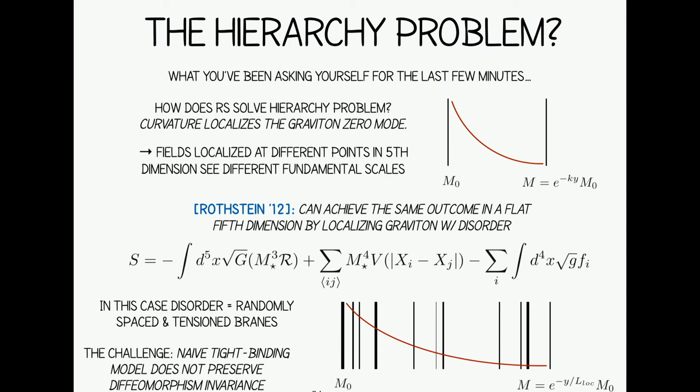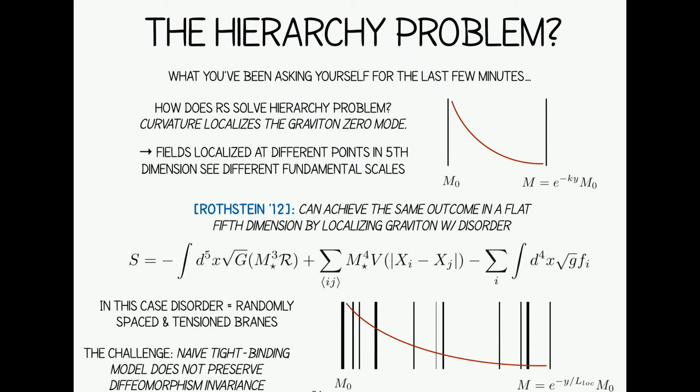And that means if it's exponentially localized, it has an exponential wave function profile. And so if it's localized and it peaks around some point in the extra dimension, if the Higgs just happens to live on some brane that is randomly somewhere else in the extra dimension, right, because the graviton has some exponential profile, just like in RS models, the fundamental scale on each of these branes is determined by the exponential profile of the graviton.